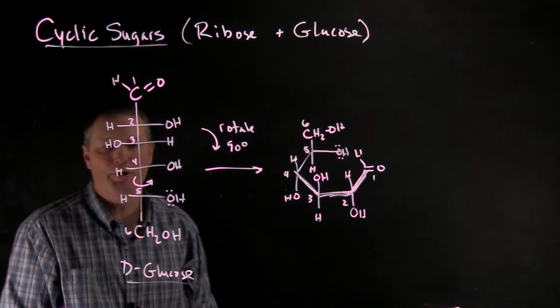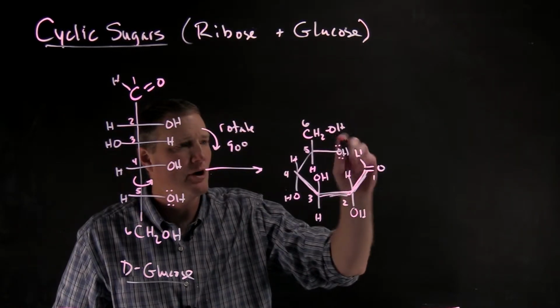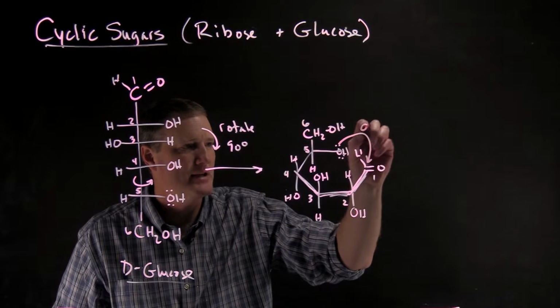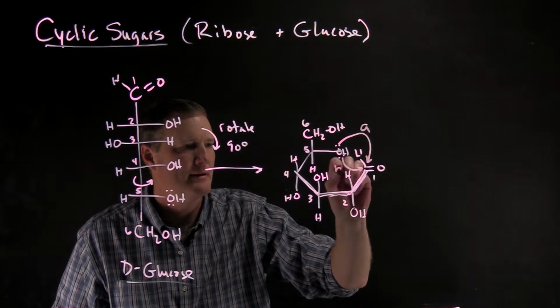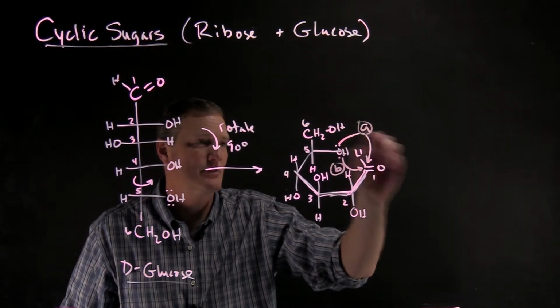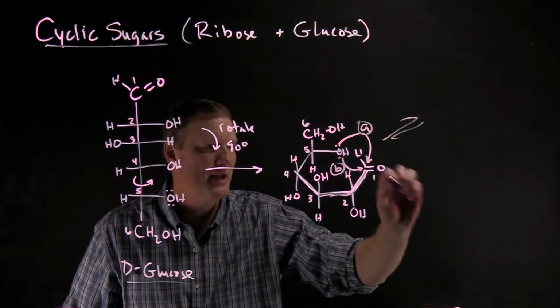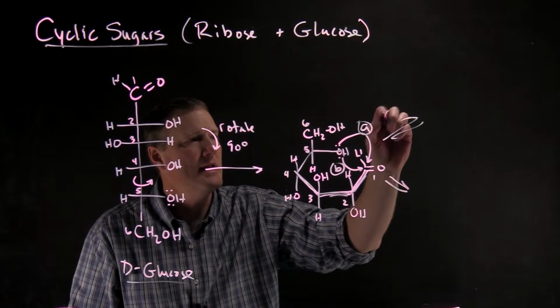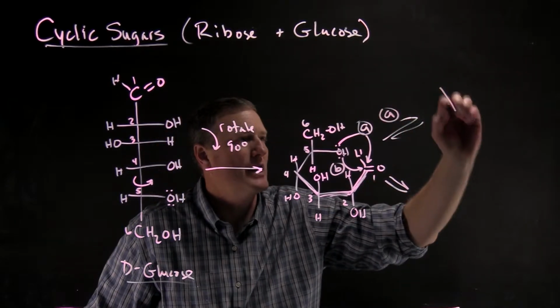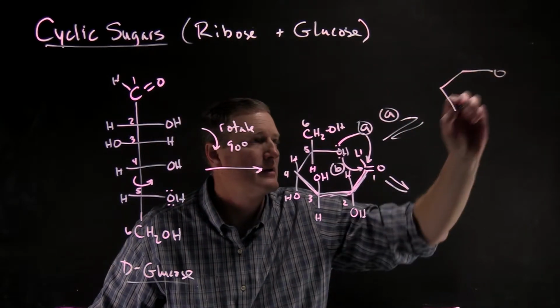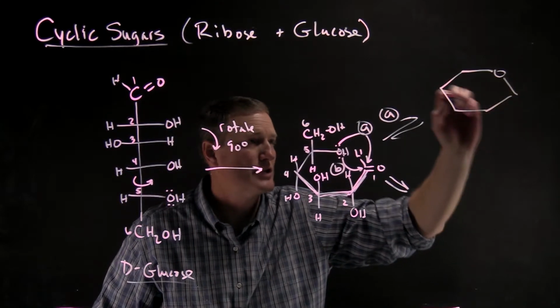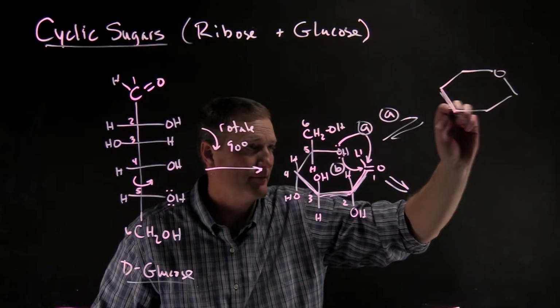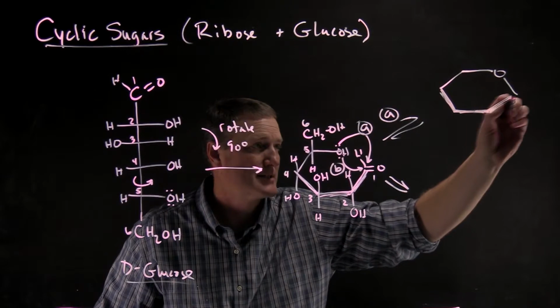Just like we saw with ribose now, this alcohol could attack either from the top face, we'll call it alpha, or from the lower face, beta, which ultimately is going to lead to either the alpha or beta sugars. Okay, so if I go through pathway A, my structure now will look like this. Let's focus just on the anomeric carbon to start, then we'll fill out the rest.